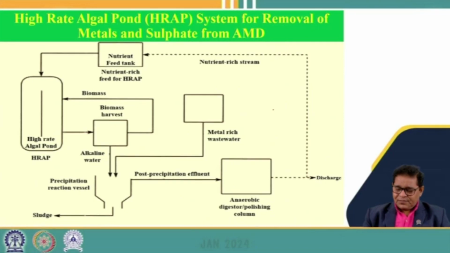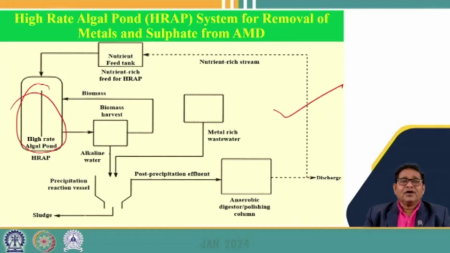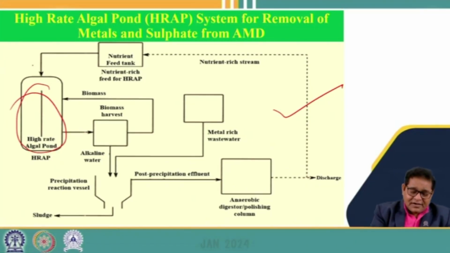Here this gives the complete chart for the high rate algal pond system, which is used for the removal of metals and sulfate from acid mine drainage. Here, if we see, this is the high rate algal pond where the algae is grown. Nutrients are added here from this nutrient solution tank.